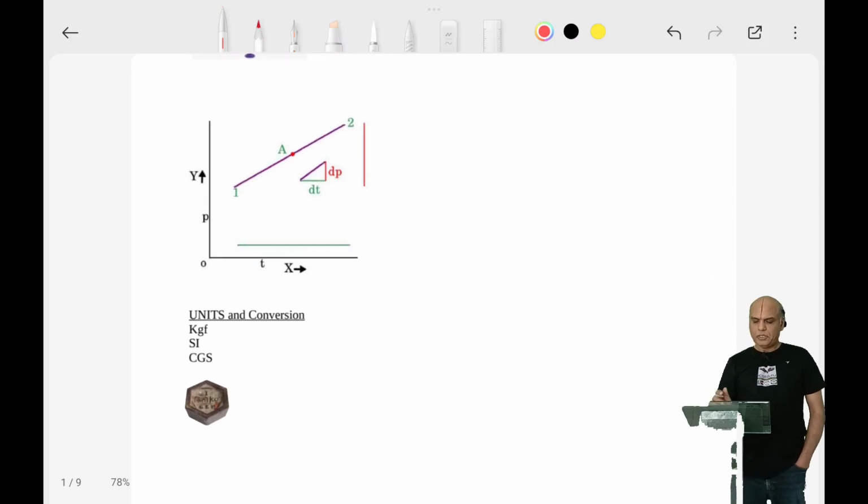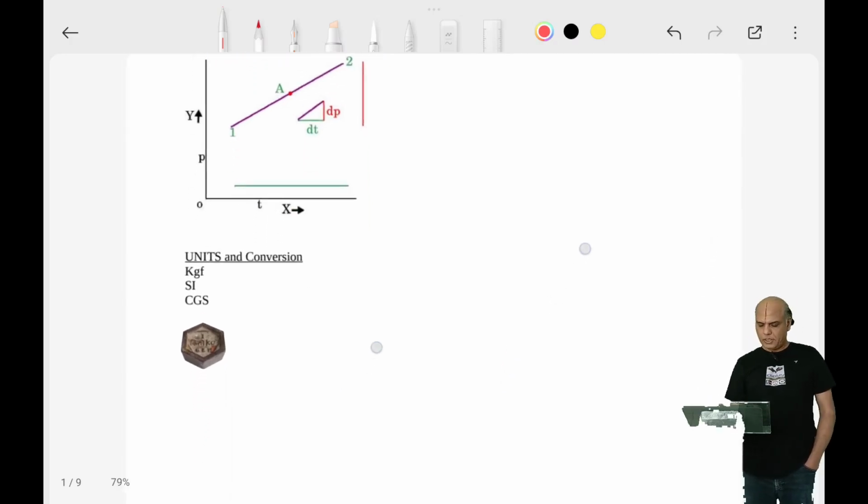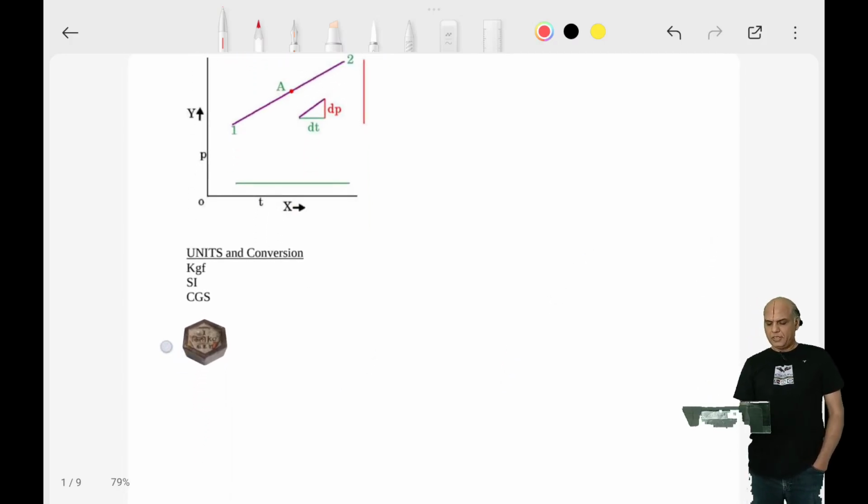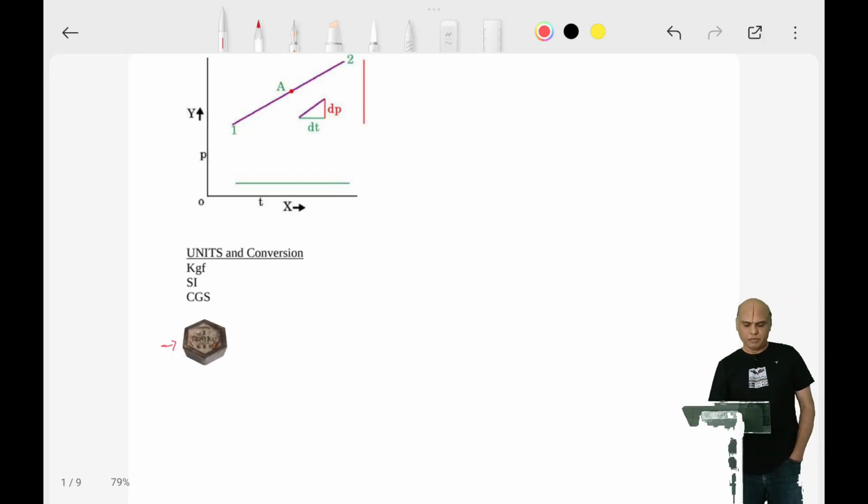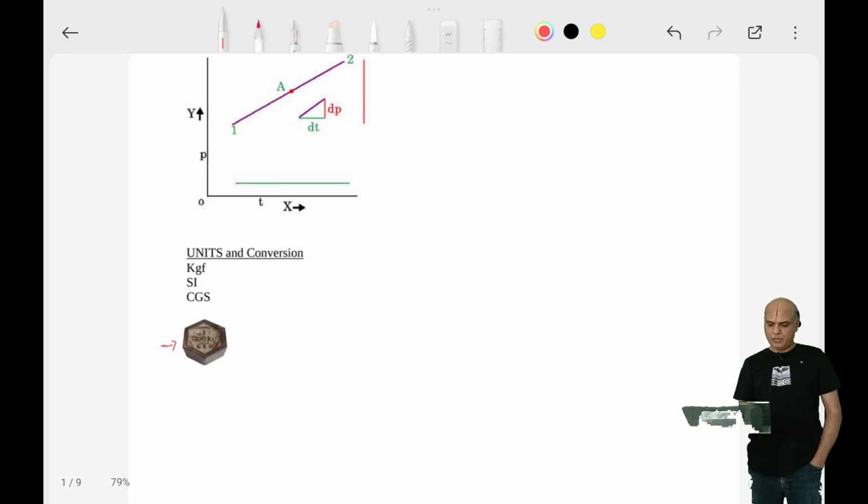Now, coming to units, you must have seen this mass of 1 kg while buying from a street side vegetable vendor. This is actually mass. This mass is pulled towards the center of Earth by gravitational force G. This force is denoted by kgf.